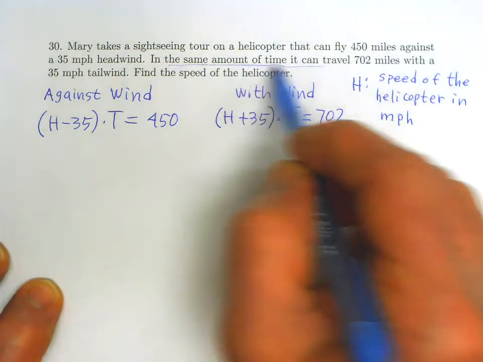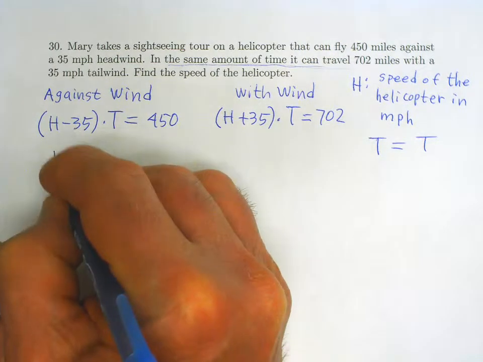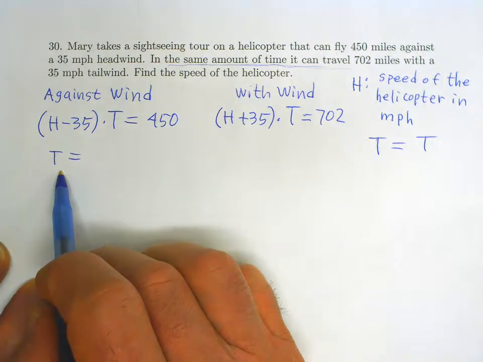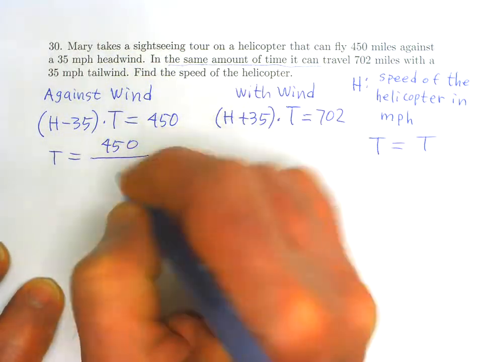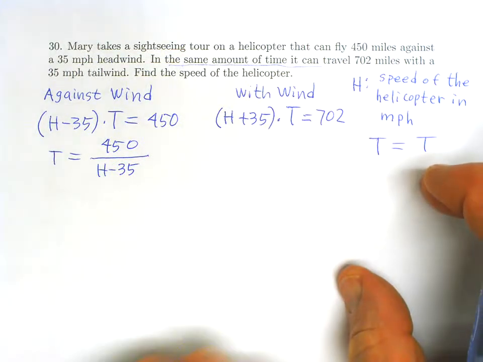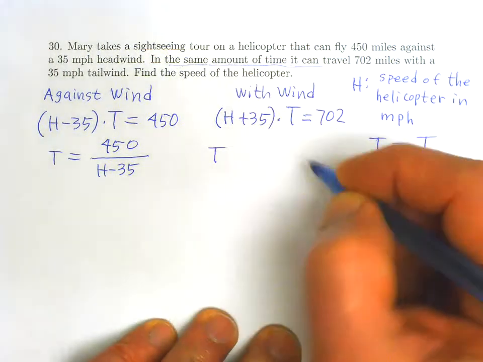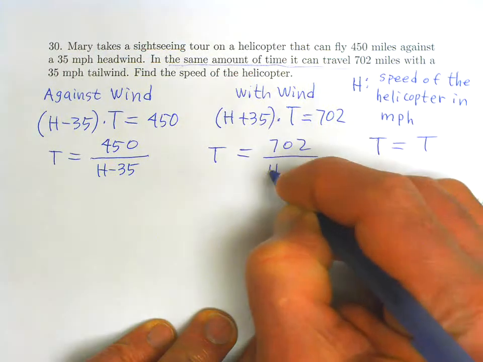So as I pointed out, the two amounts of time are the same. So if we solve each equation for the time, against the wind, the time is distance divided by rate, 450 miles divided by h minus 35 miles per hour. And then solve the other equation for time, 702 divided by h plus 35.